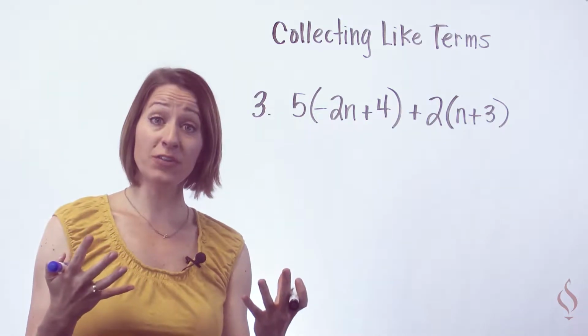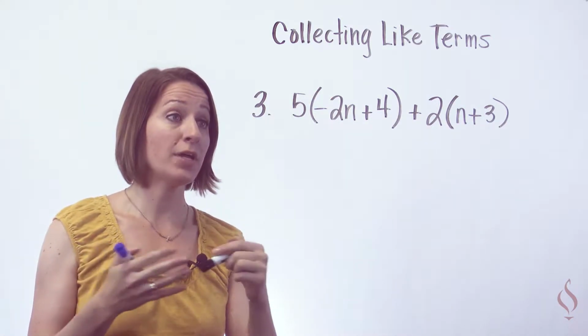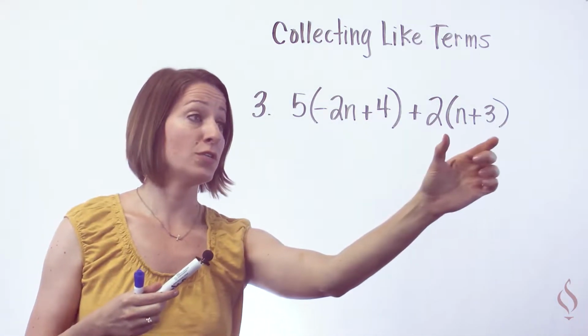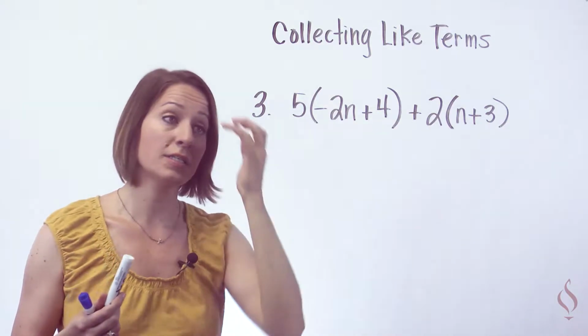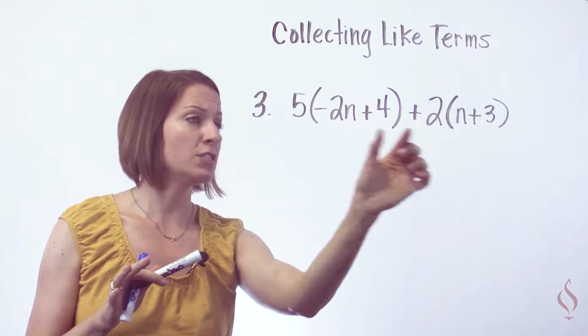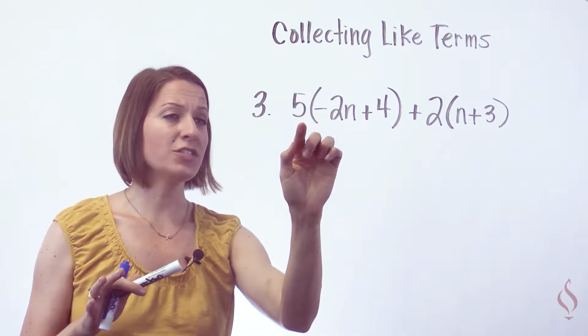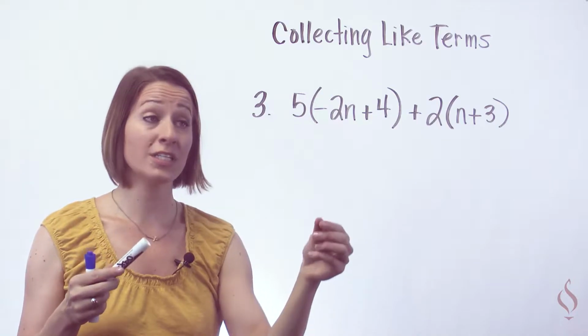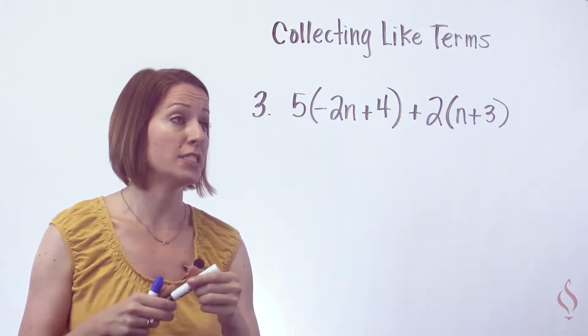Okay, take a look at this last one. This one looks a little different than our first two because hopefully you've noticed these sets of parentheses. Before we can start combining these individual terms in here, we have to do something about the numbers sitting on the outside of the parentheses.